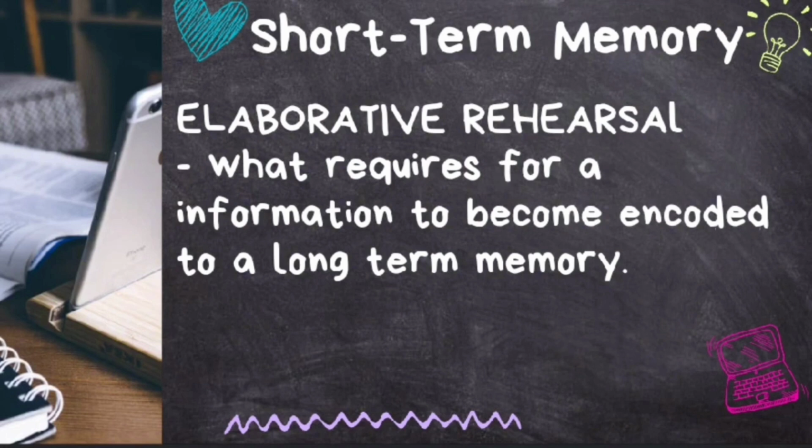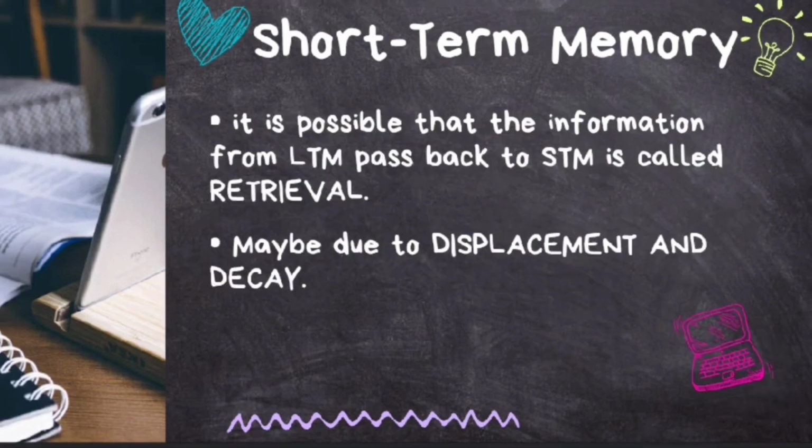Basically, elaborative rehearsal is a way to memorize for a long period of time, and it contributes to long-term memory. Information from long-term memory passing back to short-term memory is called retrieval.